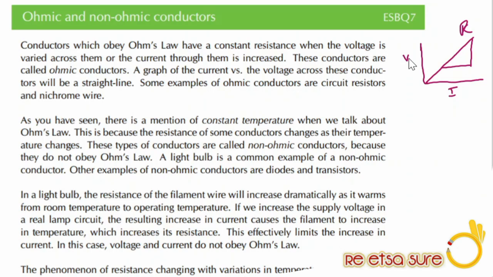When the voltage varied across them or the current through them is increased, these conductors are called ohmic conductors. A graph of current versus the voltage across these conductors will be a straight line. Some examples of ohmic conductors are resistors and the nichrome wire.